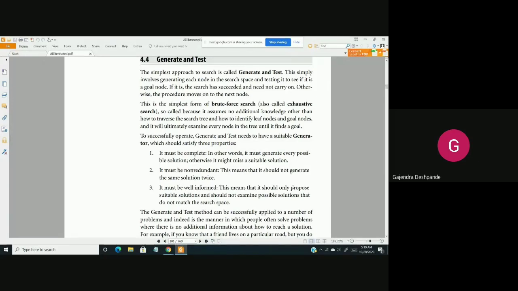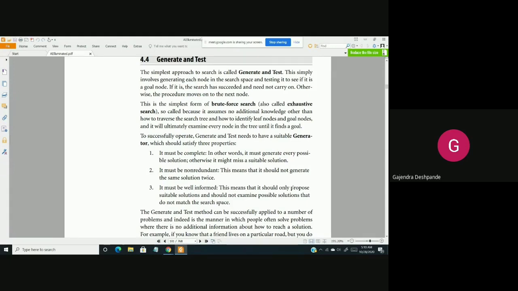Now, whenever you are generating any node, it must have three properties. The first one is completeness, the second one is non-redundancy, and the third one is that it should be well informed. The first property says that it must be complete. By complete we mean it must generate every possible solution, otherwise it might miss a suitable solution.